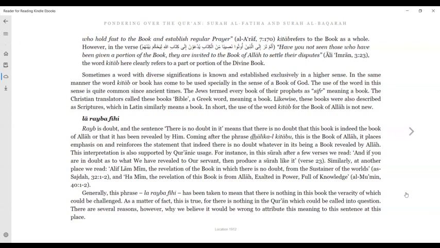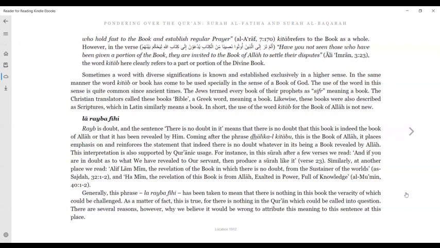Similarly, at another place we read, Alif Lam Mim, the revelation of the book in which there is no doubt, from the sustainer of the worlds. Surah Al-Sajdah, chapter 32, verses 1 and 2. And we read, Ha Mim, the revelation of this book is from Allah, exalted in power, full of knowledge. Surah Al-Mu'min, chapter 40, verses 1 and 2.